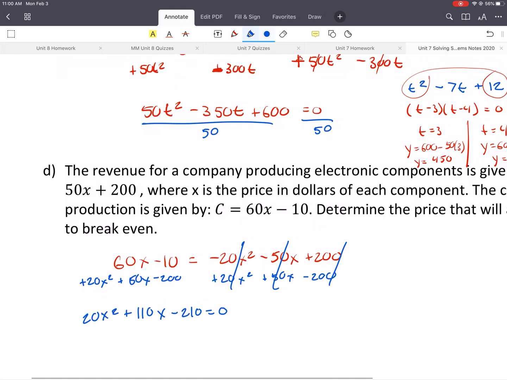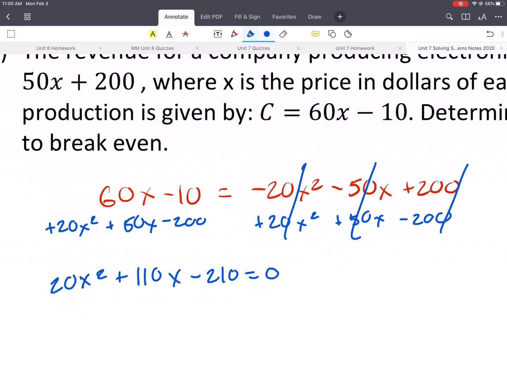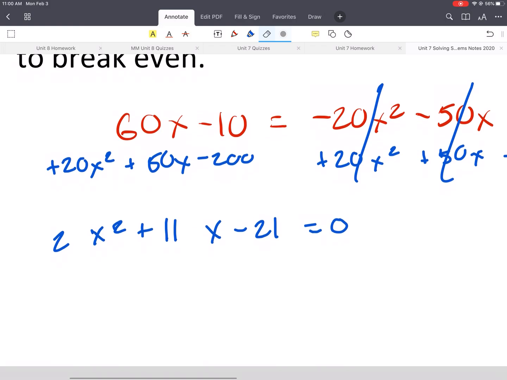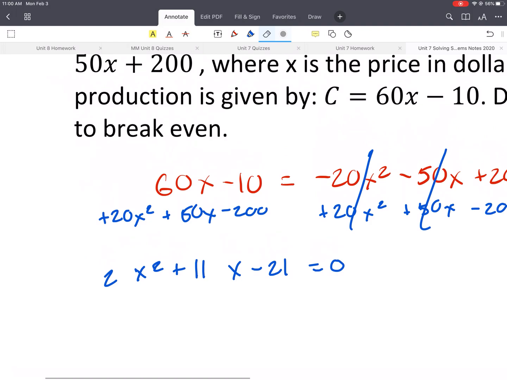Okay. It looks like we can't divide everything by 20, but we can divide everything by 10. Basically, we'd end up getting 2x squared plus 11x minus 21. And then we can see if we can factor.